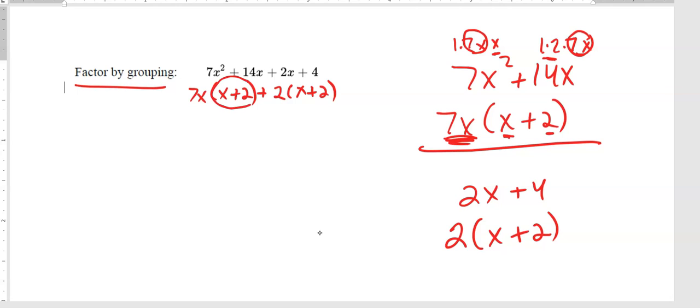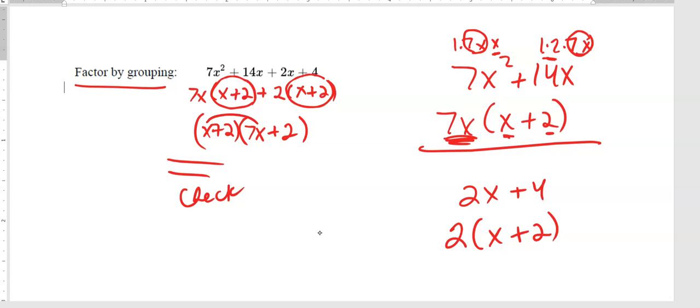Well, now the expression x plus 2 is my greatest common factor. Whatever I haven't circled, whatever is not in common, becomes my terms in my second binomial. And I can always check these by multiplying. So if I wanted to check it, I could just distribute.